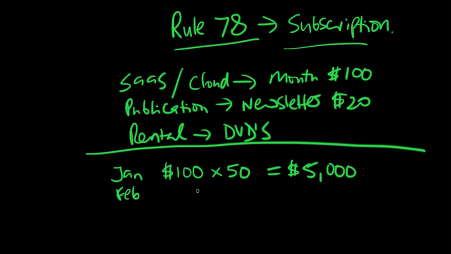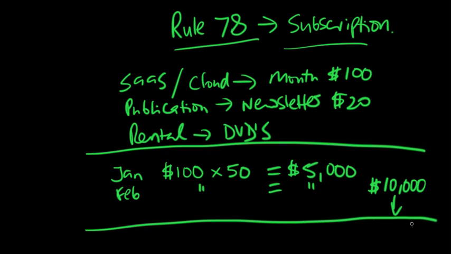In February, if I repeat that, I add another 5,000. If you add that to the January figure, my total revenues are now 10,000. And this carries on stacking on top of each other by units of 5,000. So if you run that the whole way down to December, there's a very simple formula to give you this figure here, and that's called the rule of 78.